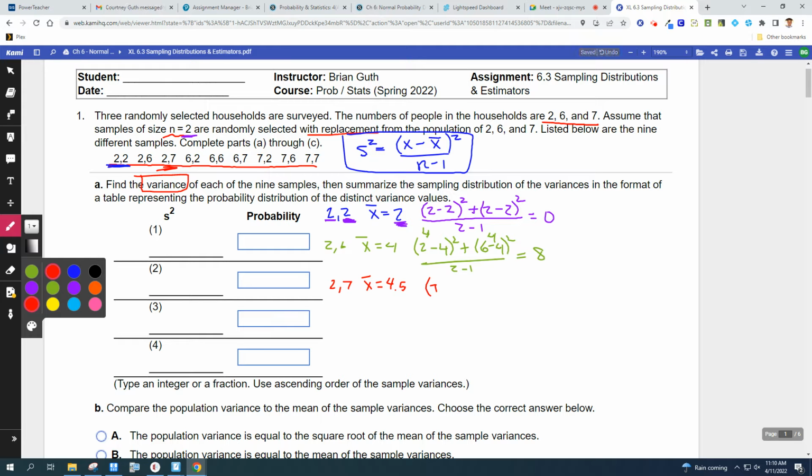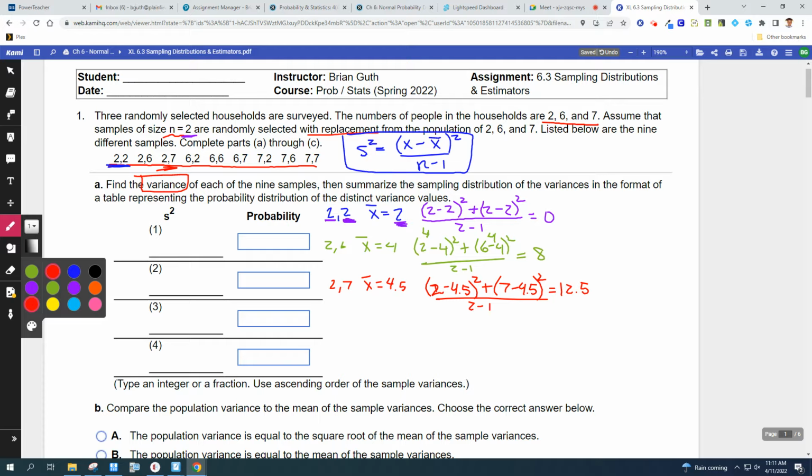Then I take my first x number minus the mean squared, and then this one minus the mean and squared over 2 minus 1. That's going to give me 12.5. Okay, that is the variance of that sample value.